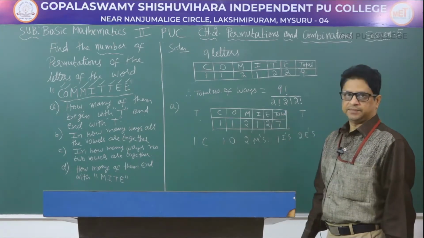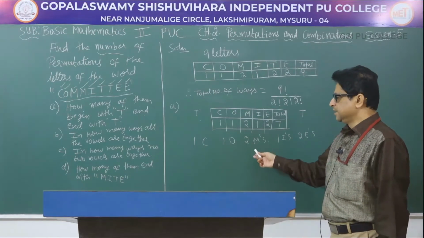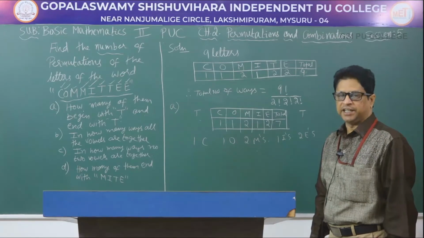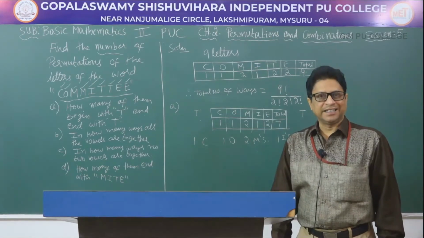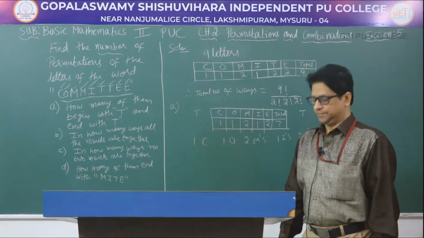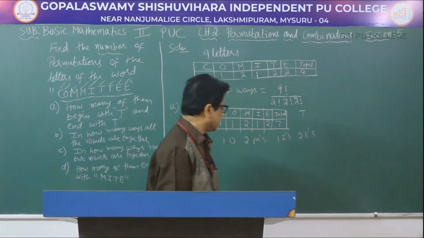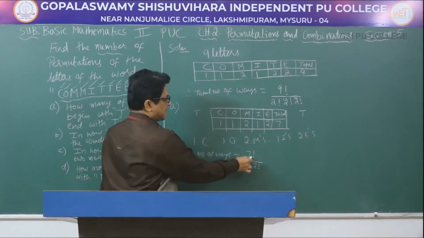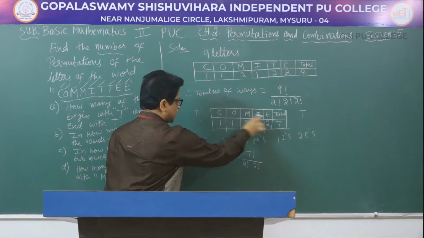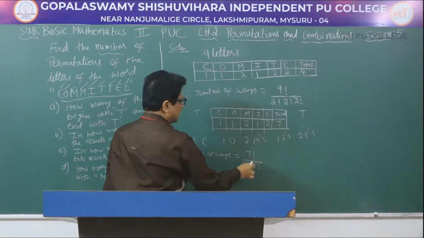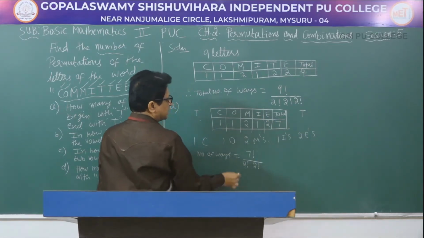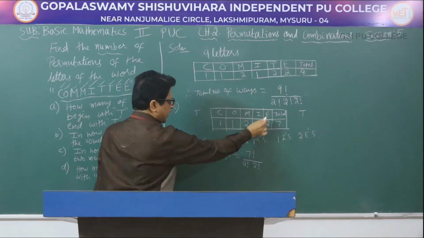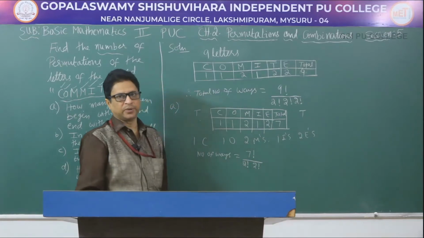So, we have to find the number of ways of arranging the word committee, which should begin with T and end with T. So number of ways equals 7 factorial, that is, the total number of letters excluding 2 T's is 7. So, it is 7 factorial by, there are 2 M's, divided by 2 factorial, and 2 E's, divided by 2 factorial.